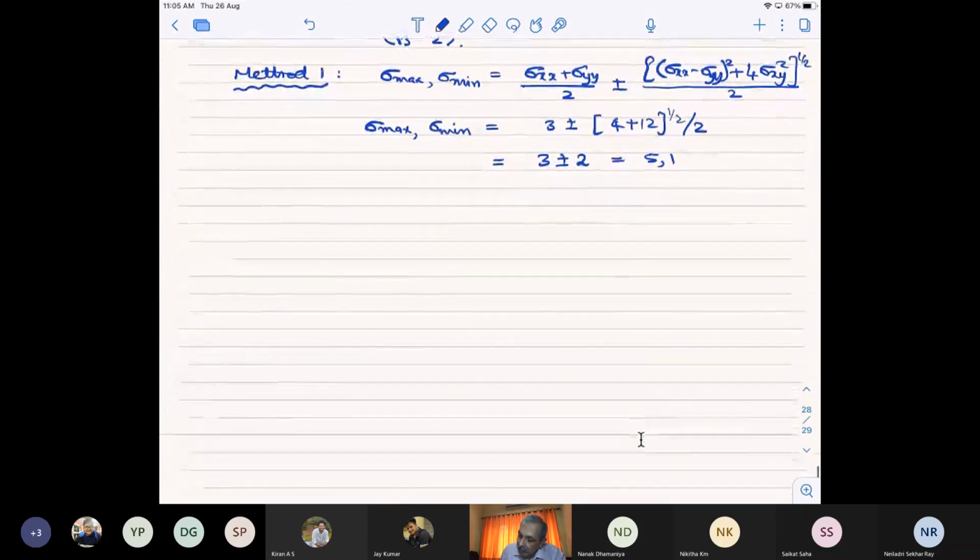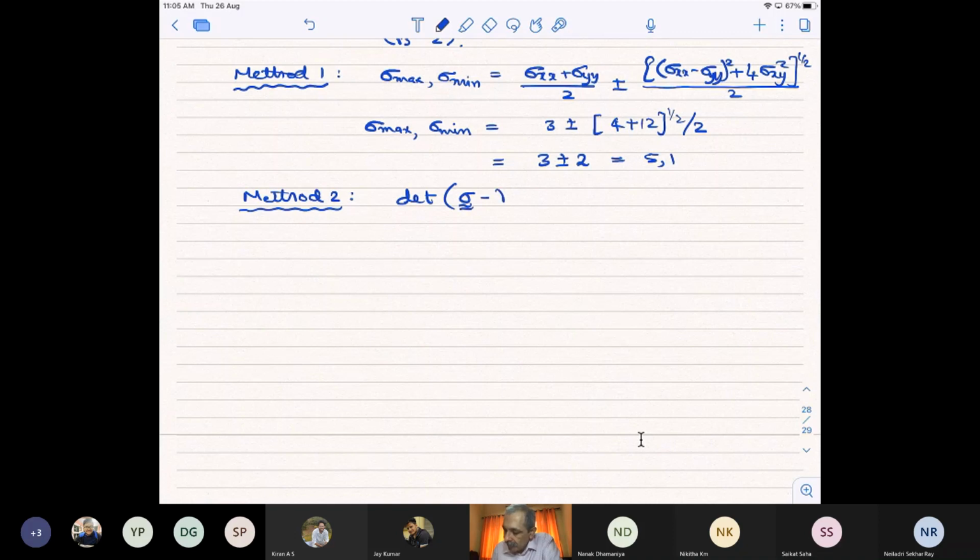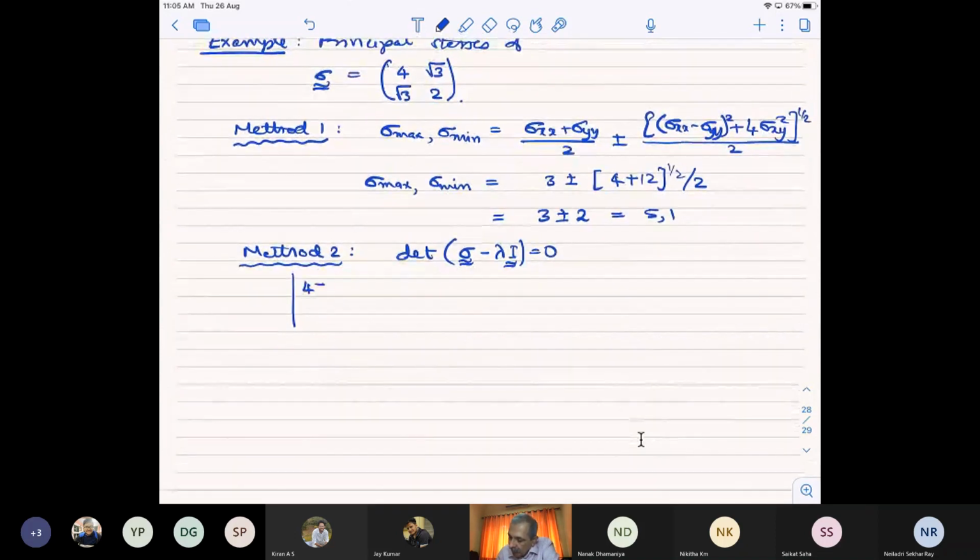Now we have learnt a new method, and what is the new method? It's to find the eigenvalues. Eigenvalues are the principal stresses. So method 2 is just determinant of sigma minus lambda I is equal to 0, which in a usual way we can write down as 4 minus lambda, root 3, and 2 minus lambda.